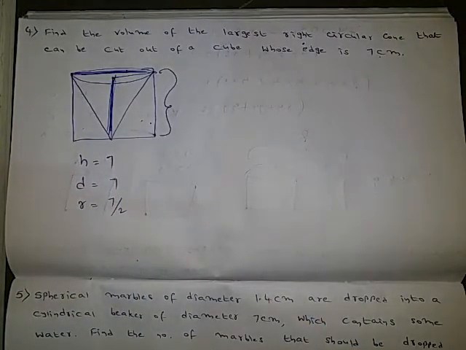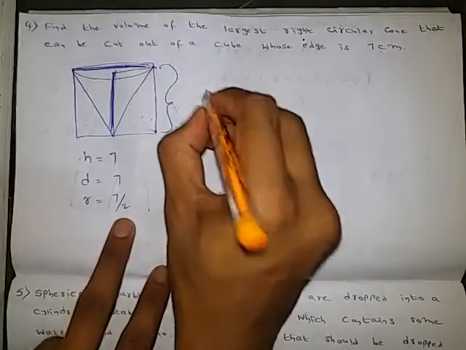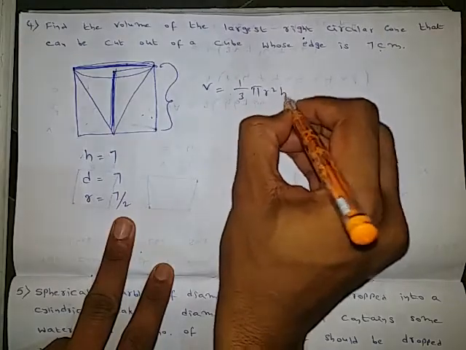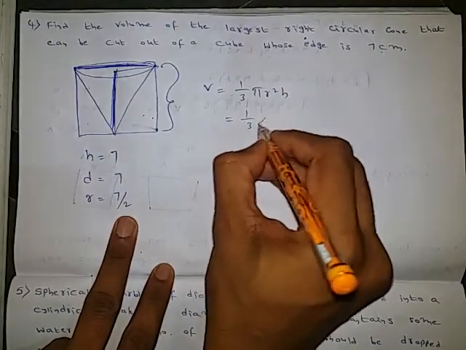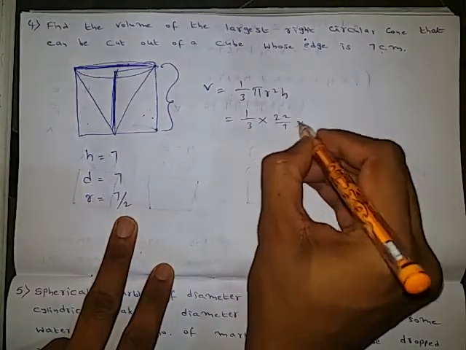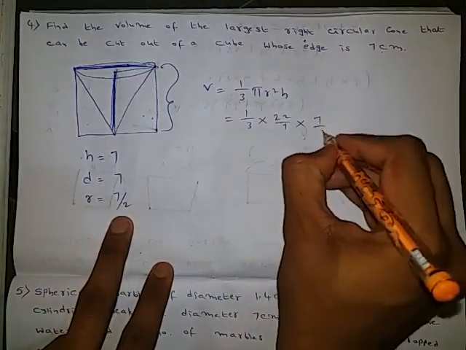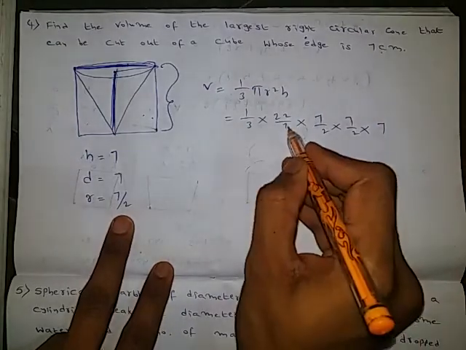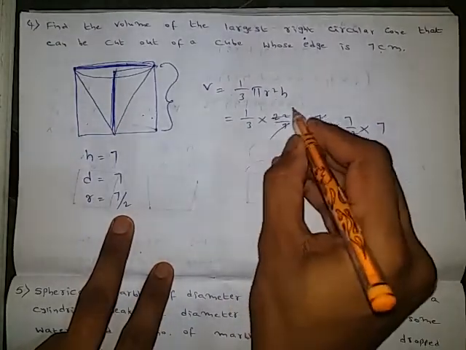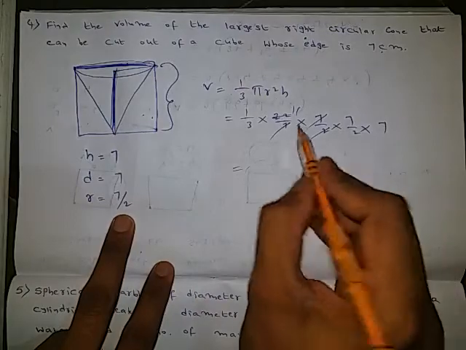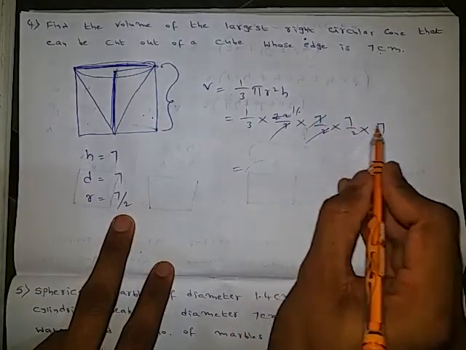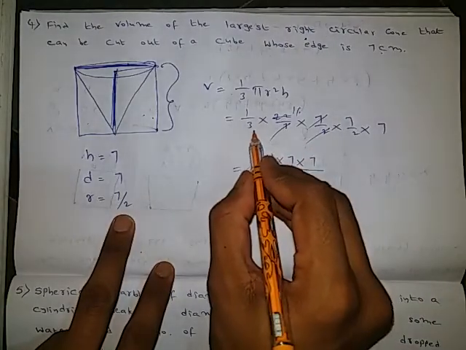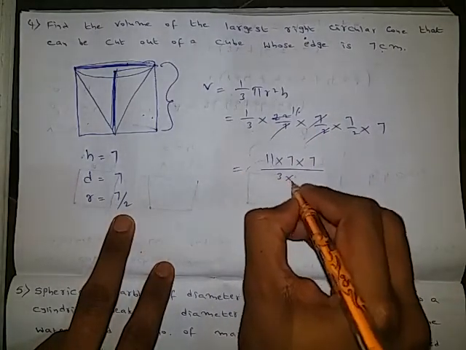Now we need to find the volume of that cone. Volume of the cone is equal to 1 by 3 pi r square h. 1 by 3 into pi value 22 by 7 into radius 7 by 2 into 7 by 2 into height 7. Here 7 cancels, 2 ones are 2, 11s are 11. So we remain with 11 into 7 into 7, divided by 3 into 2.